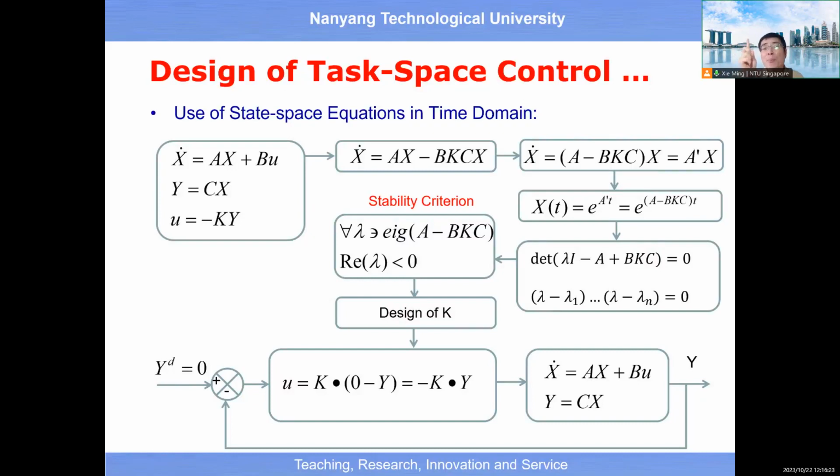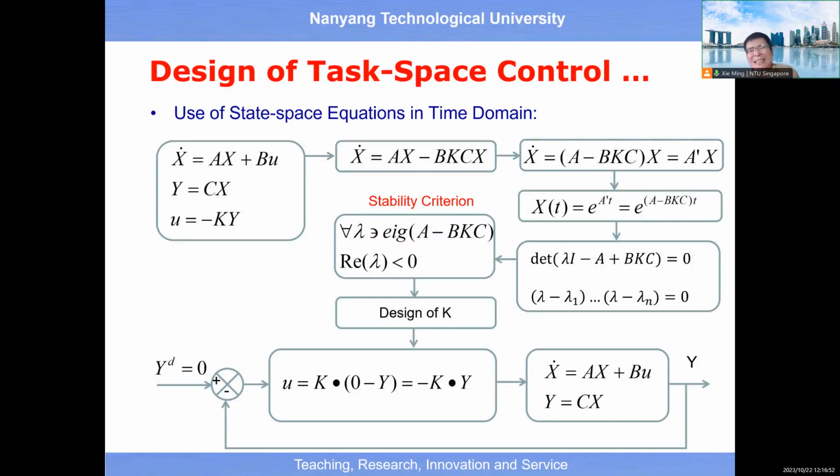So A prime could be decomposed into eigenvalue and eigenvector, right? So then for this system to be stable, the eigenvalue must be negative. That means, let's say in the S domain, but then this will introduce this concept of the Laplace transform. This is why you need to spend one semester to study control theory, right?